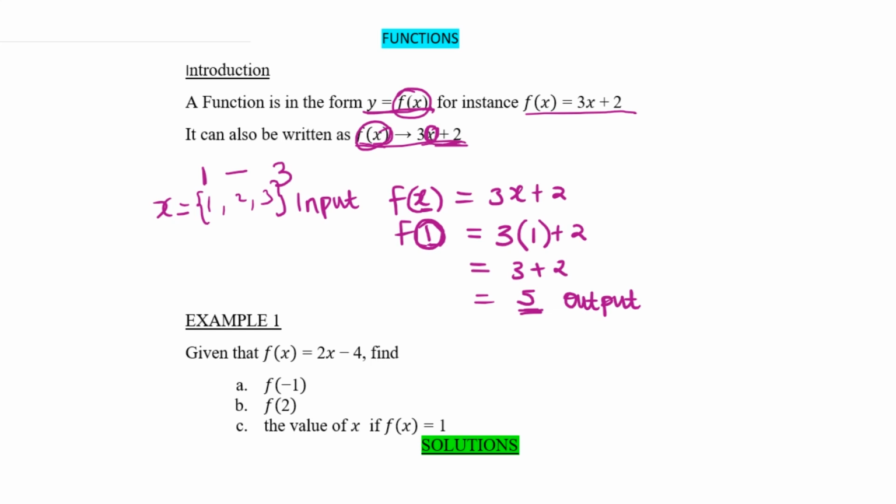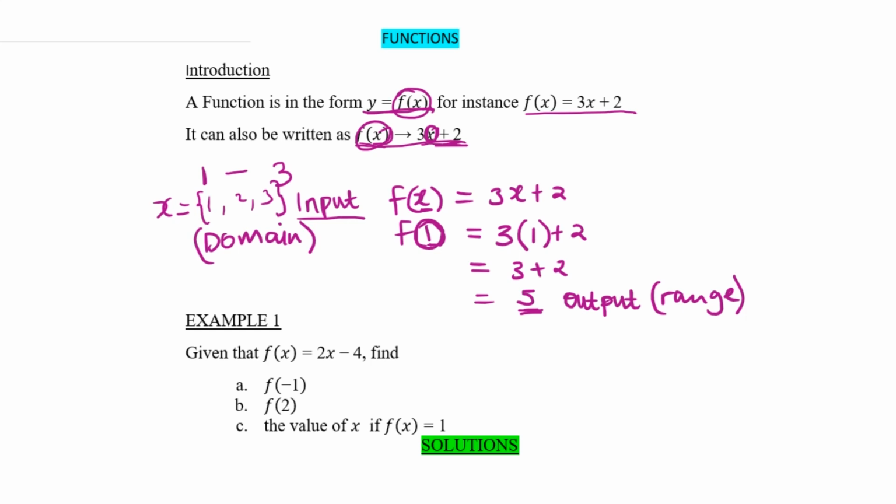Just to take you back a little bit, for the input values, we call this set the domain. The output values, they will be called the range. Whatever you find or whatever you get after inputting the input value, then you get the what? The range. Basically, that's what we want to discuss today.